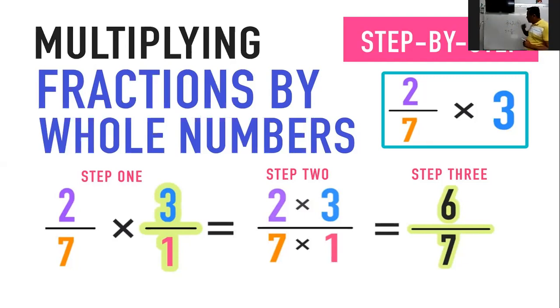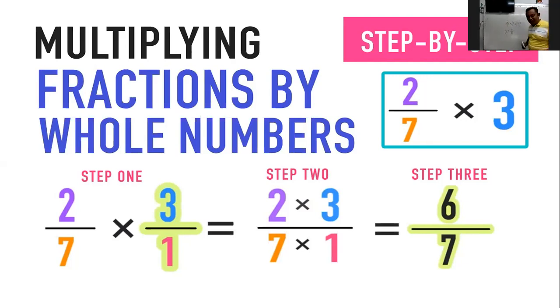How about the second example that I have? What did we do in the first example? We simply put a denominator of 1 under the whole number. So let's do the same here with 5.